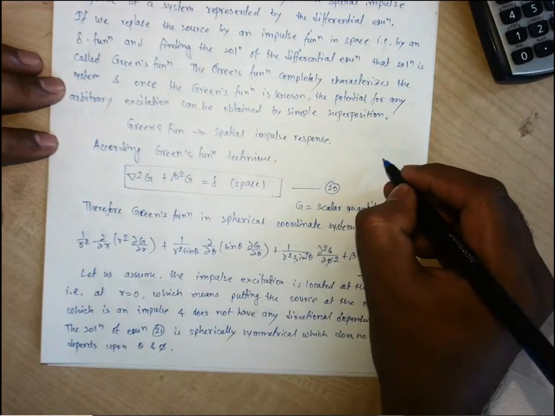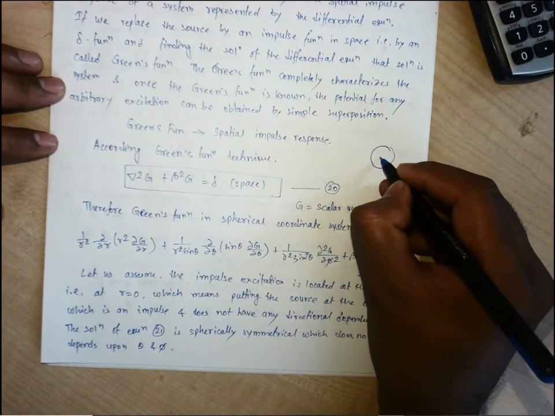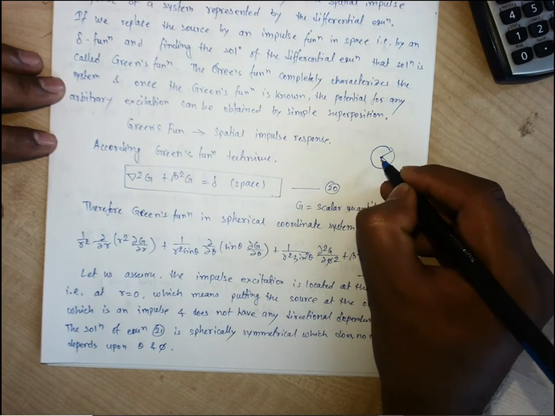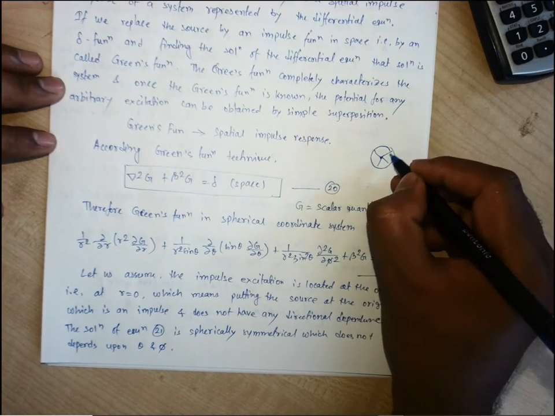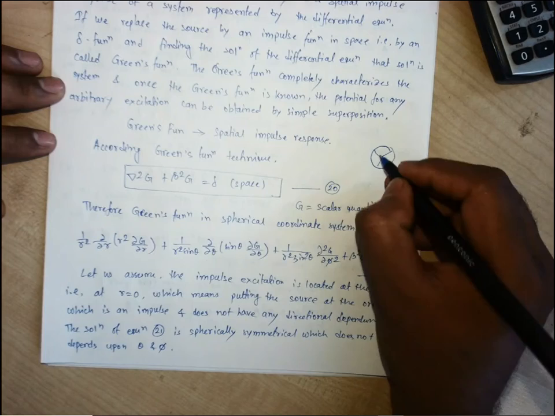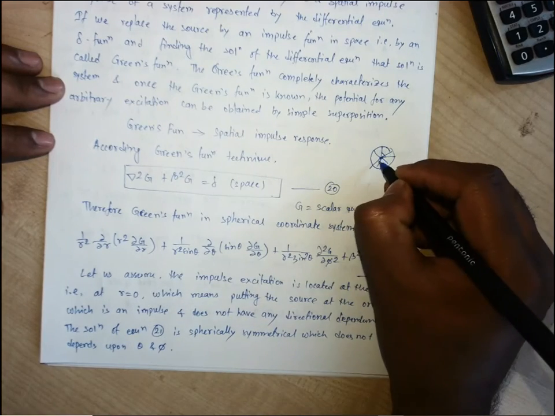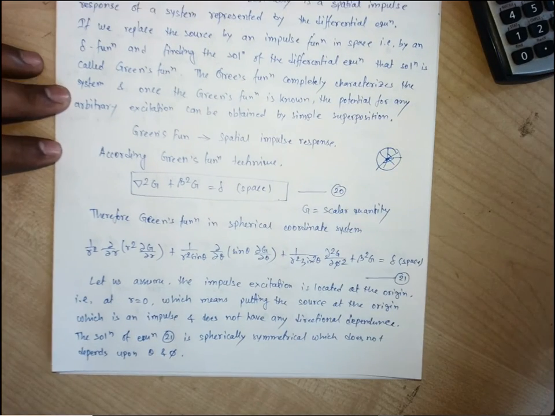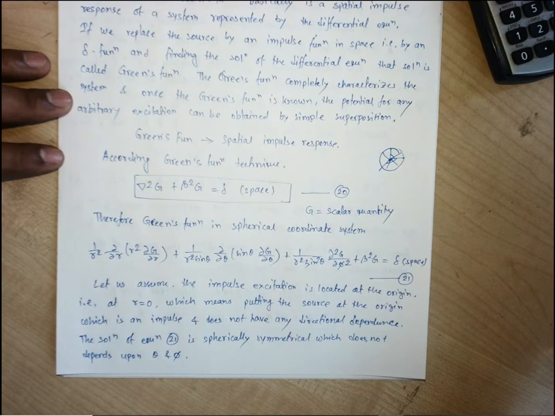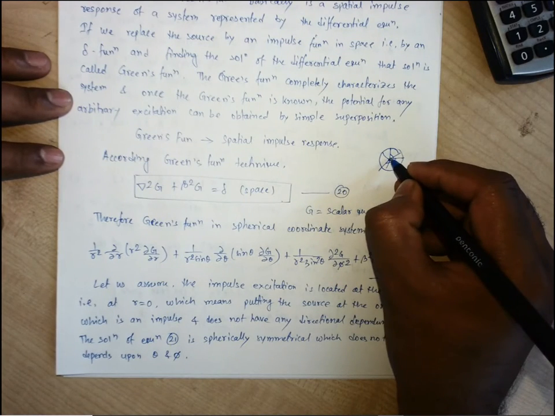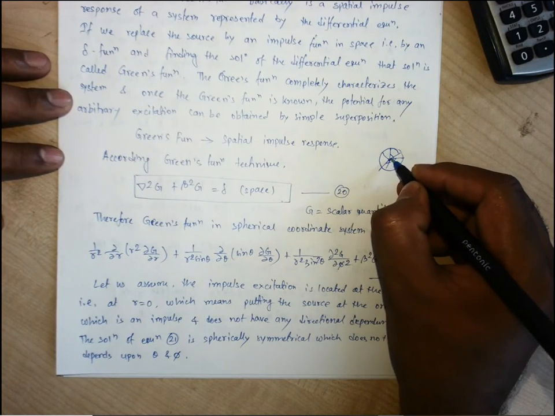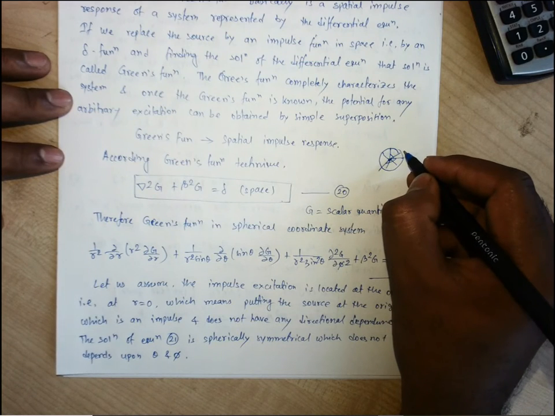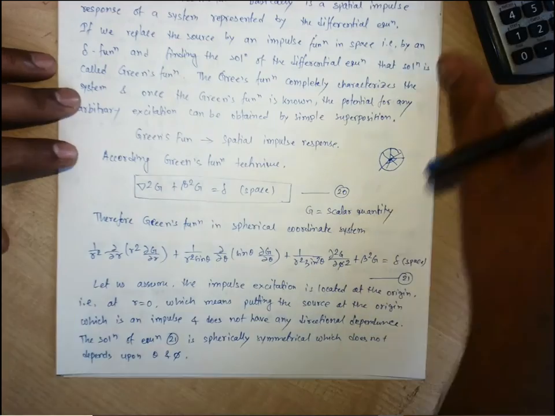If we consider this is the sphere, this r will be same in every direction of theta and phi, so that will not at all depend upon theta and phi. The solution will not vary if we change theta and phi, but where this excitation is kept, either at the origin or at some other value of r, that will depend upon the r only.